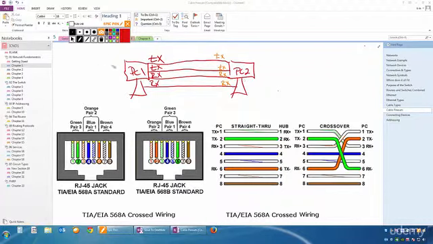Because PC1, when it transmits, guess where it's going to be sending its data? It's going to be sending down this pin, this cable number 1. And PC2, when he tries to transmit, cable number 1. And guess what happens? They collide. It's impossible for this communication to happen. PC1 or PC2 would have to have it set up like this.